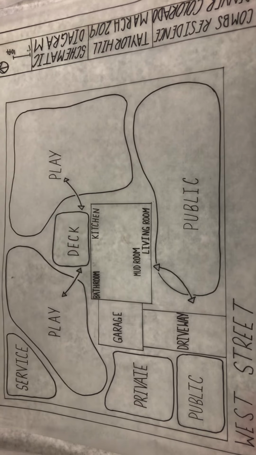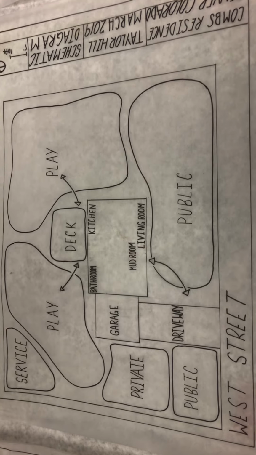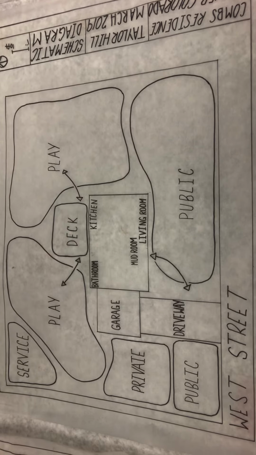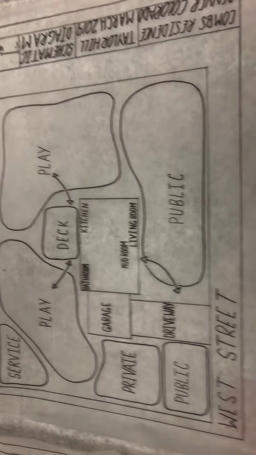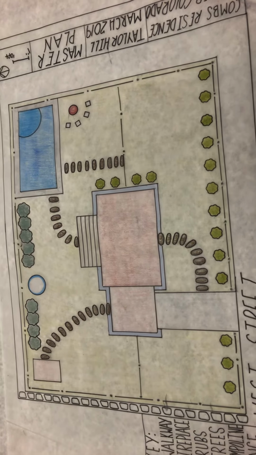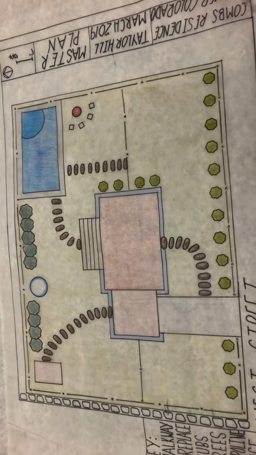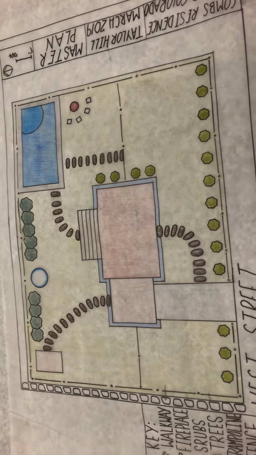That's how the property is going to be used and the circulation paths. See how they're just bubbles or loose circles or goose eggs. And then drawing number 4, master plan. All the plants that are there, all the hardscape, her swimming pool, that is her master plan.